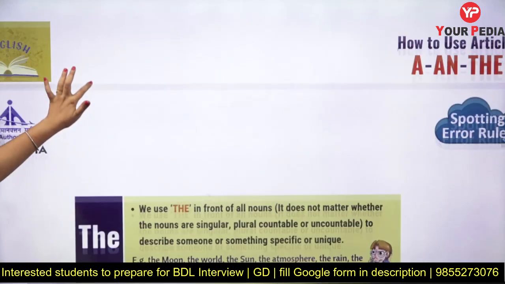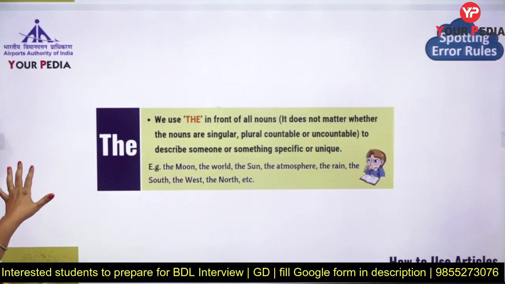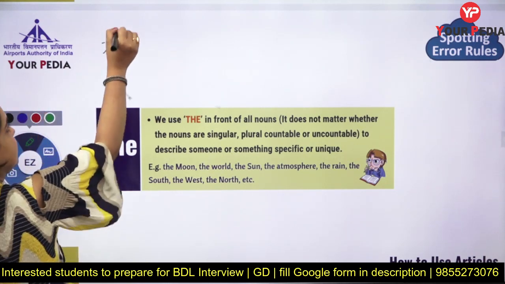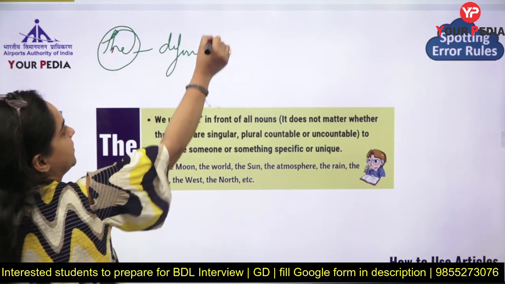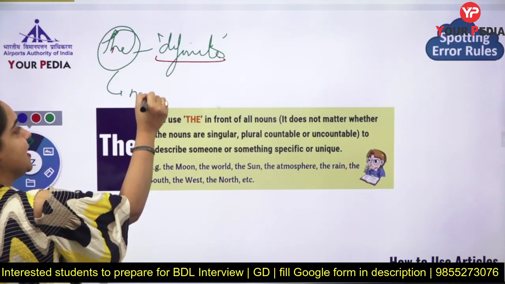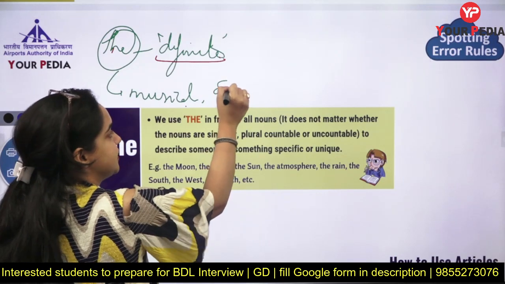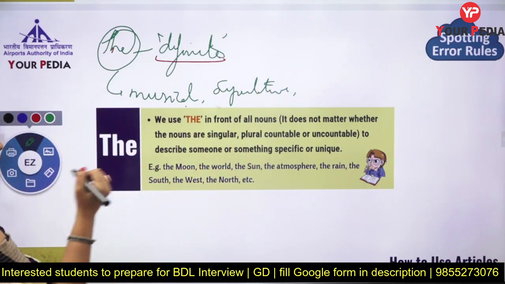So before I come to the next, the is used for something that is very definite, you understand? Now where we use the article the, let's quickly memorize it. We use the article the in a number of places where we are targeting something definite: with all forms of musical instruments, right? Next with the superlative degree, and next with unique things.